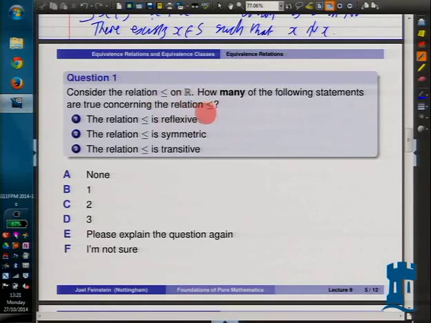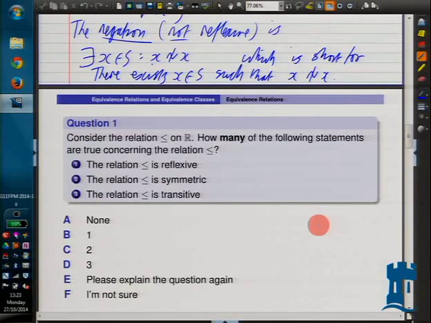Is less than or equal reflexive? Is less than or equal symmetric? Is less than or equal transitive? So I'll give you a couple of minutes to think about that, and then we'll get some votes. I'll pause the recording, and then we'll see what you come up with.